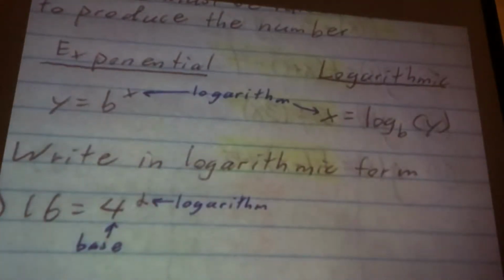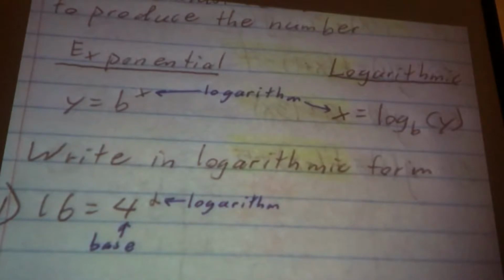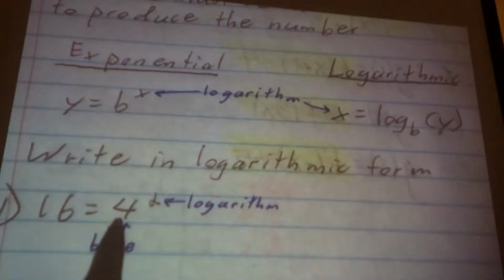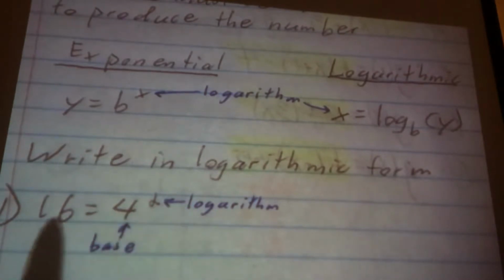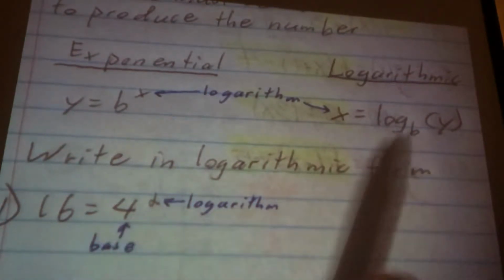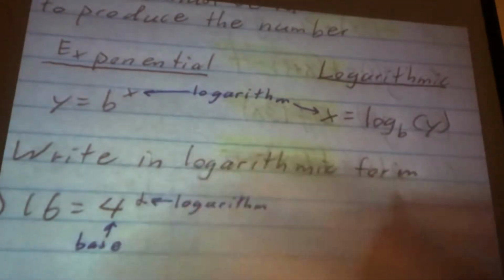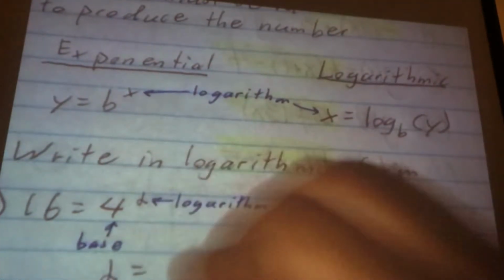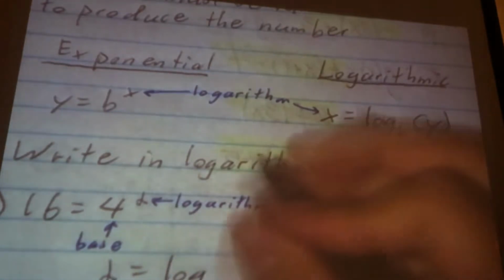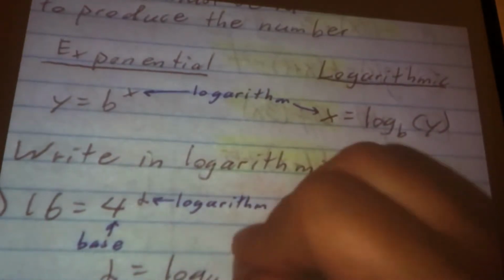And then the number that I get is 16. So it's exactly how we did here, where you just move around your base, your logarithm, and your x, y, and b to fit that value. So in logarithmic form, it's 2 is equal to log base 4 of 16.